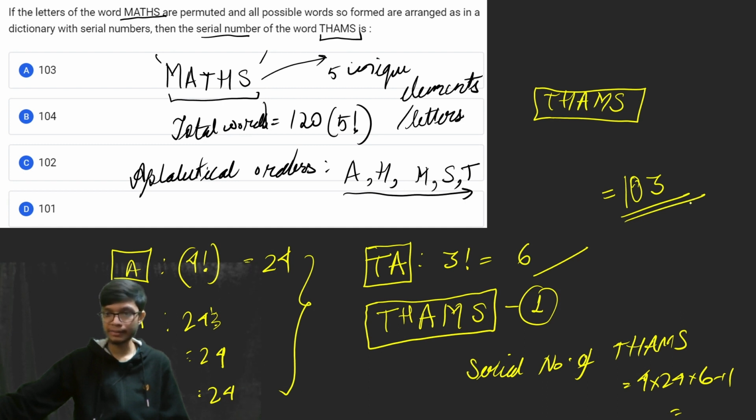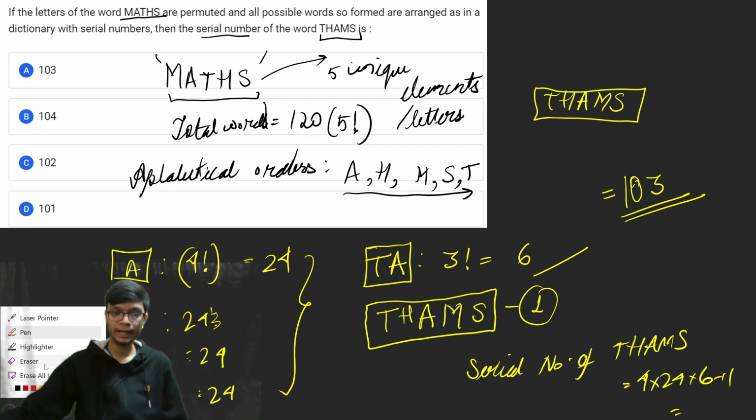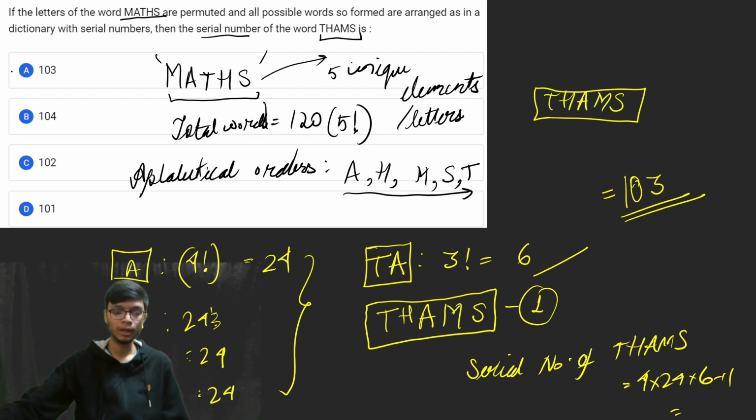So with this you get the serial rank of the word THAMS arranged from the letters of the word MATHS, which is 103. If you arrange all the possible words from the letters of MATHS, you will get THAMS at the 103rd position. So the corresponding answer to this problem will be option A.